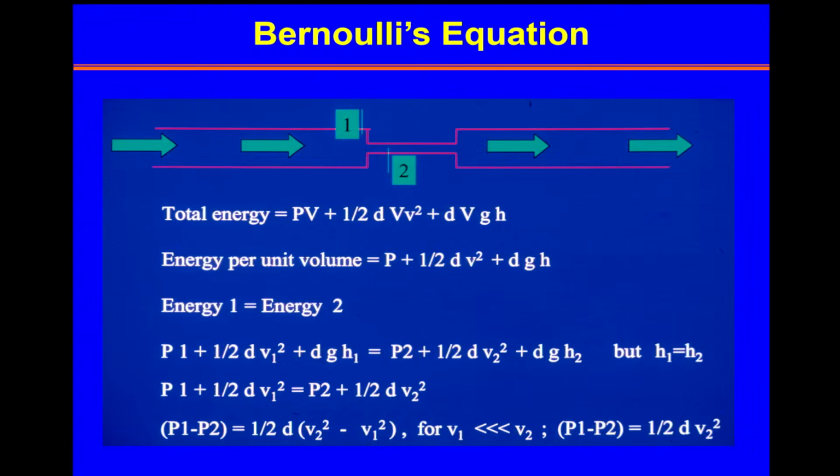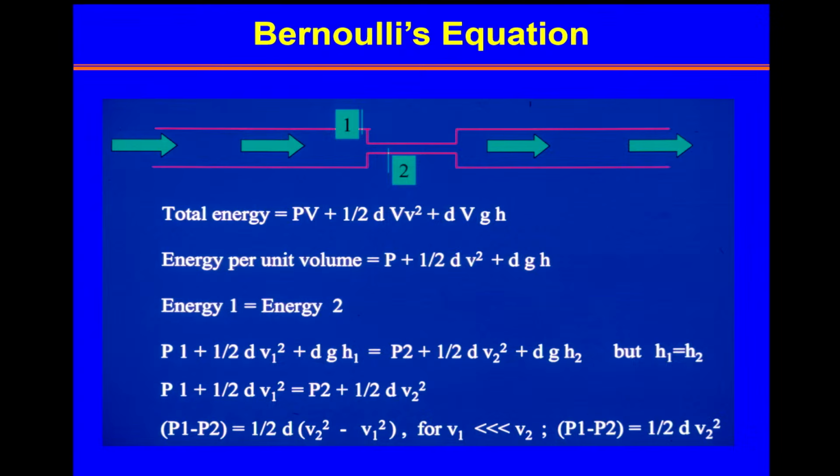I am most interested in the pressure gradient, so I rearrange that expression. And we have the pressure gradient given by half multiplied by density, this would be the density of blood, times V2 squared minus V1 squared. When V2 is much higher than V1, the square of V2 will be even higher than the square of V1, to the extent that if you ignore V1 altogether, make it 0, you do not deviate much from the true value.